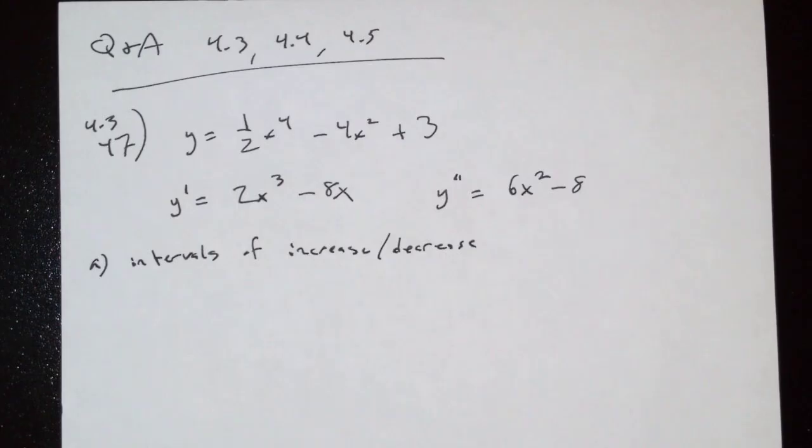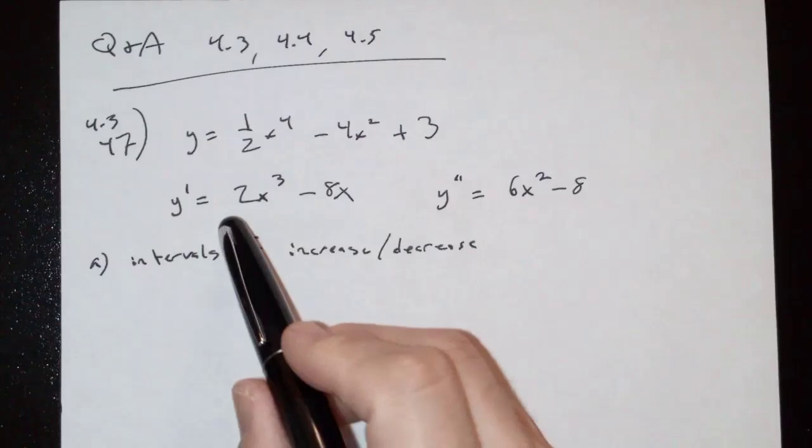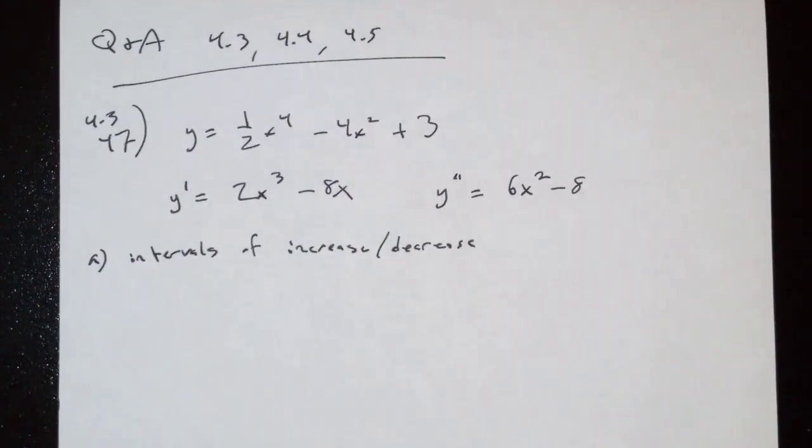In order to know where my function is increasing and decreasing, I need to know what about the derivative. That's going to give me the critical numbers. But to know where I'm increasing and decreasing, I need to know where my derivative is positive, negative. And that means I need to know where it's zero first. So you're absolutely right. I start by saying, where is this zero or undefined?